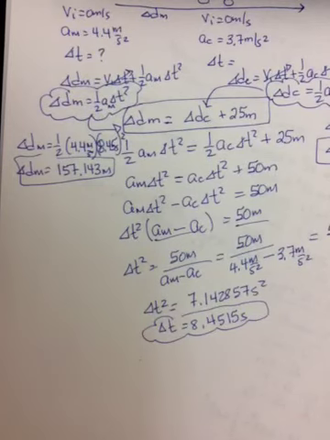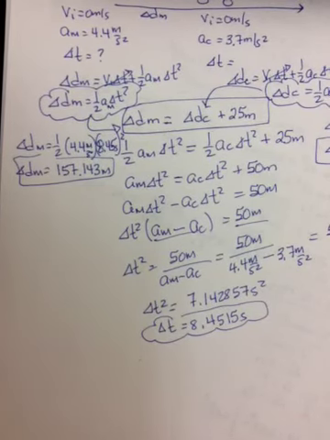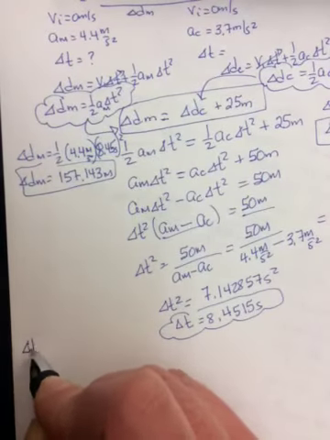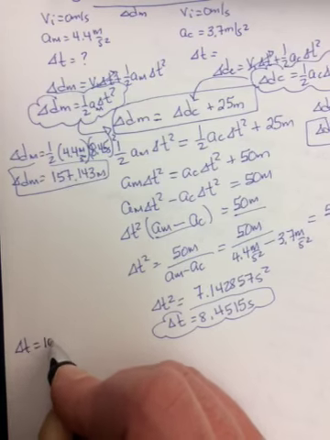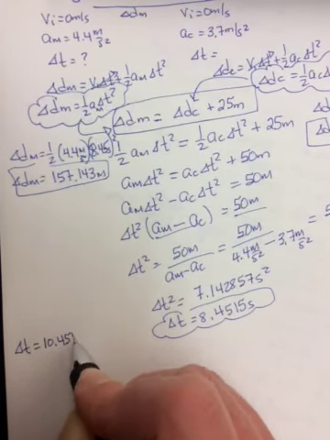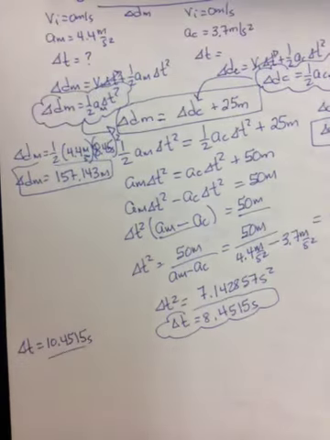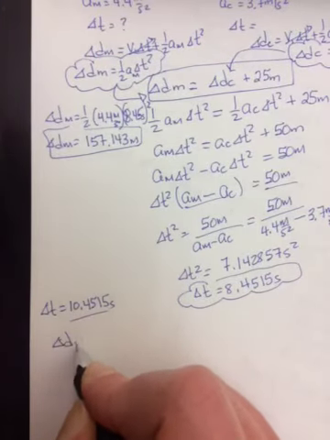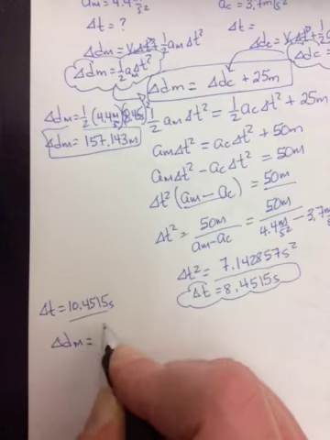Part C says, how far ahead of the car will the motorcycle be 2 seconds later? So 2 seconds later, that means delta t will now be 10.4515 seconds. And how far ahead? You need to find out how far the motorcycle traveled in this time.